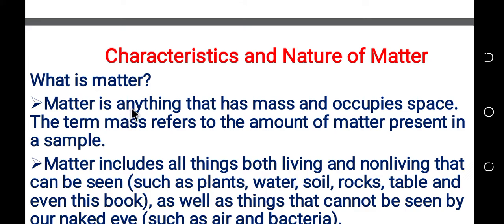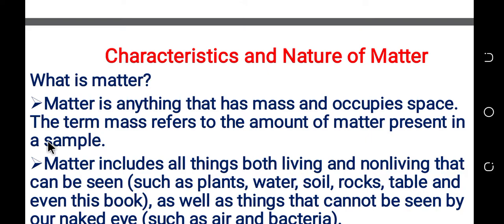Matter is anything that has mass and occupies space. ማንኛውም ቦታ የሚይዝ እንዲሁም መጠነ ቁስ ያለው ነገር ሁሉ matter ተብሎ ይጠራል. The term mass refers to the amount of matter present in a sample. Matter ወይ መጠነ ቁስ ማለት በአንድ ቁስ አካል የሚገኝ the amount of matter, በአንድ ሳምፕል የሚገኙ የማተሮች ብዛት ማለት ነው.